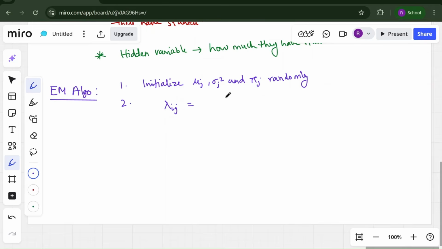Lambda ij is nothing but pi j times normal of xi with mu j and sigma j square, divided by the summation over k running from 1 to capital K of pi k times the normal distribution of xi with mu k and sigma k square.